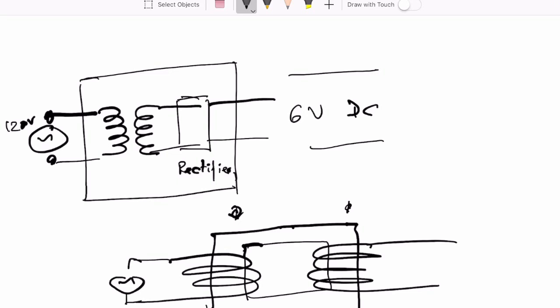Why is that? Because the reason it's so cheap is because it uses a low quality transformer, right? And a low quality transformer will do the job, but it will produce a lot of eddy currents. And so if you've ever bought one of those cheap knockoff power cords, you'll find that they just overheat tremendously. And after maybe even a few weeks, you can't use them anymore because they get so hot.